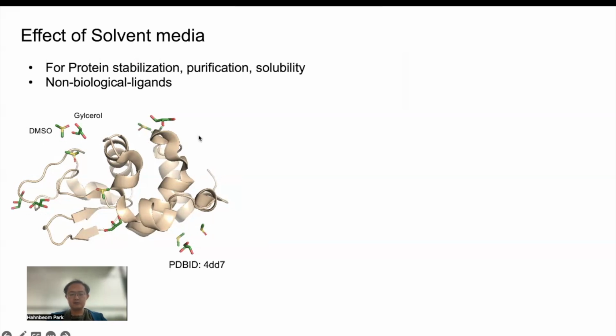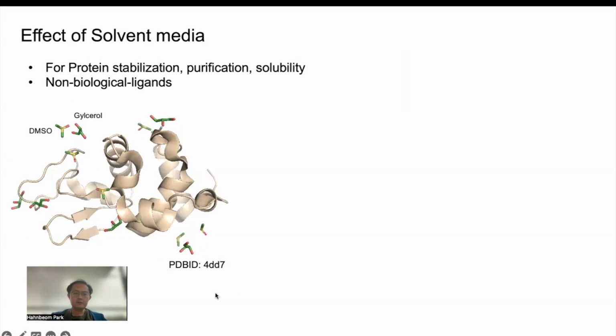The experimentalists deposit their entry in this way, even though these are not actual biological ligands, because the PDB should contain all the experimental details of how the structure was determined. But you have to keep in mind that these are not ligands. These are just solvents that were used for protein purification or stabilization, and you have to interpret your structure without these small molecules.